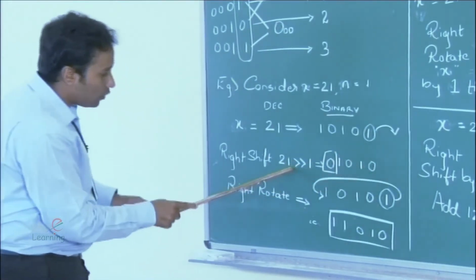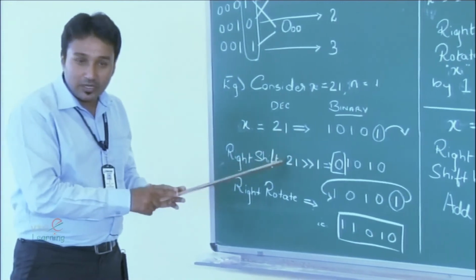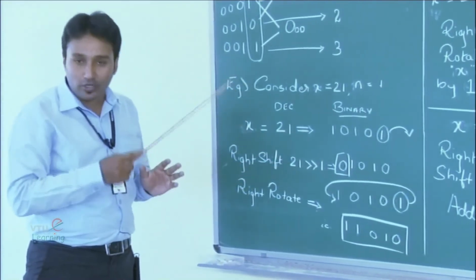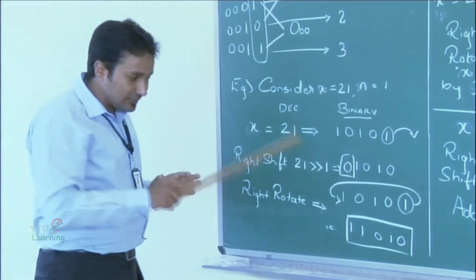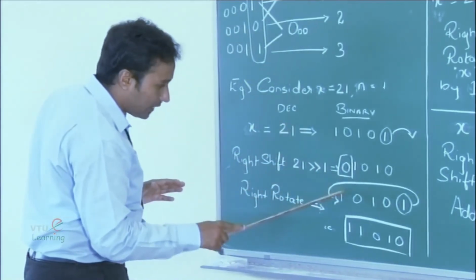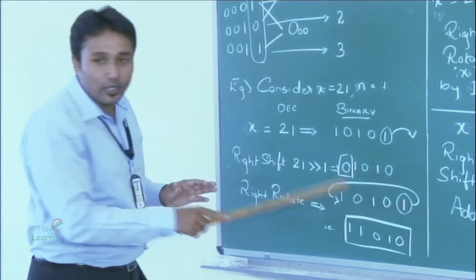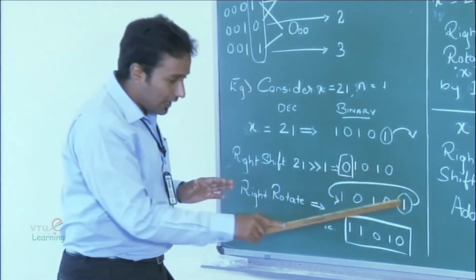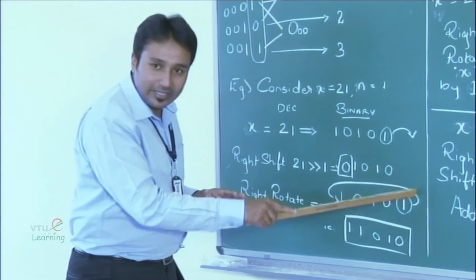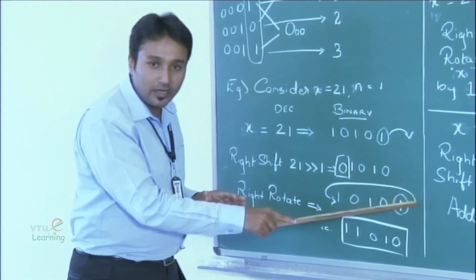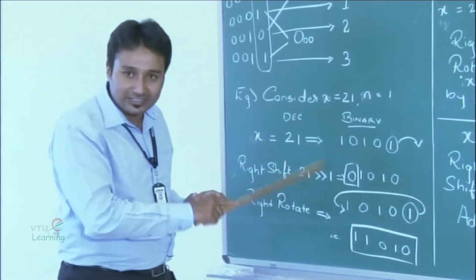This is about shifting. Now, if we want to rotate a given number, consider the original number 21, 10101. Right rotation means I want to move the LSB of a given number to the MSB of the same.